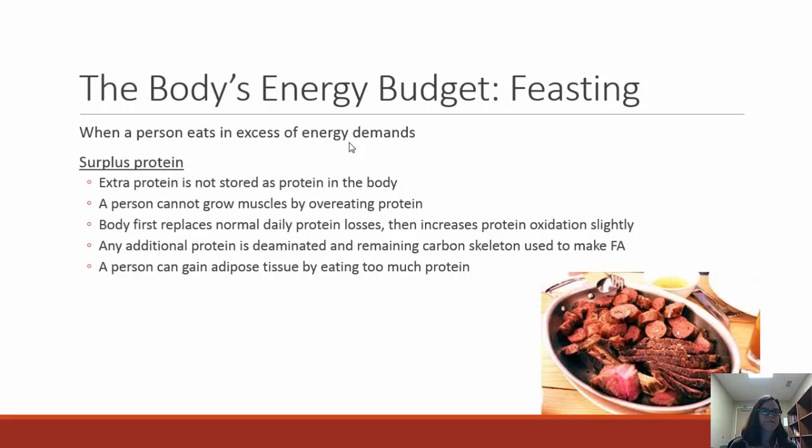But really, the body first replaces our normal daily protein losses, and then we can increase our protein oxidation slightly. Beyond that, any additional protein is deaminated, and the carbon skeletons are used to produce fatty acids. So really, eating all this excess protein is just going to contribute to increased adiposity.